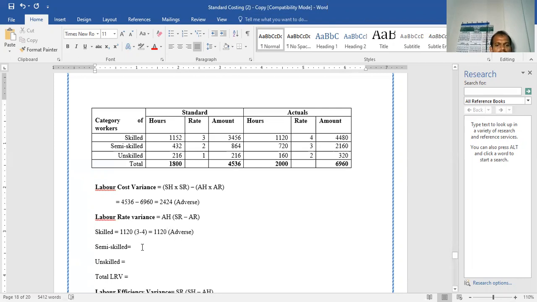Next, semi-skilled. Actual hours 720, standard rate 2, actual rate 3. 720 into 2 minus 3 is equal to 720. Minus value will come, but we have to mention adverse.